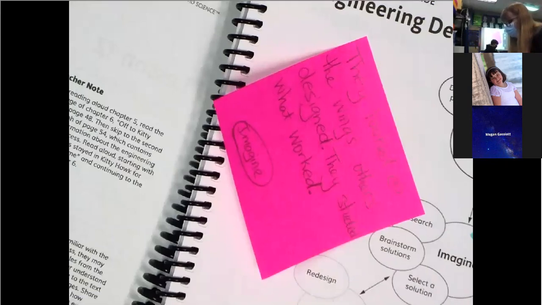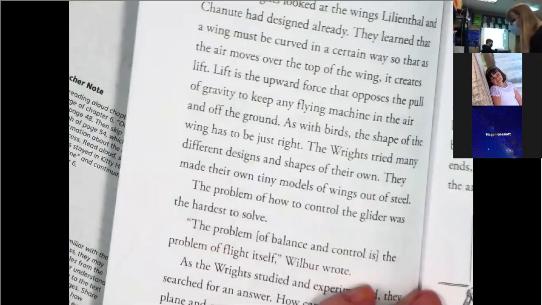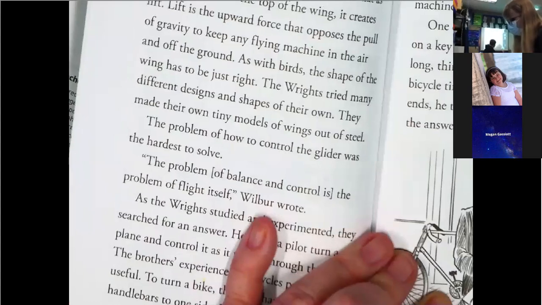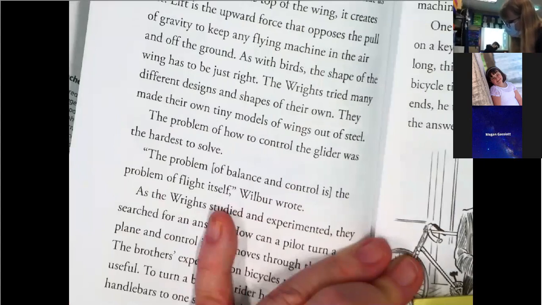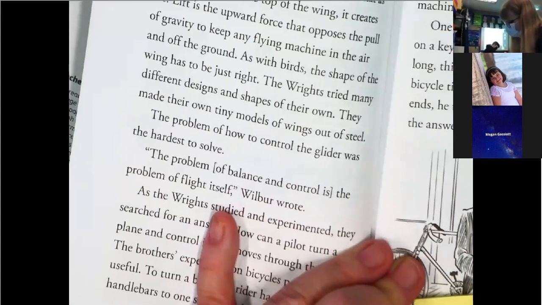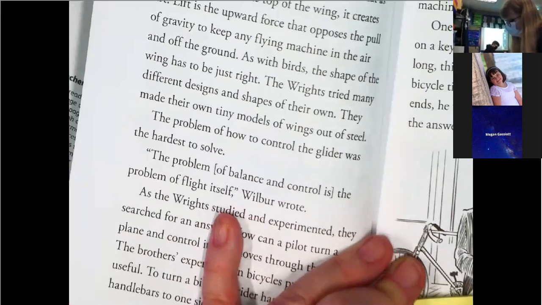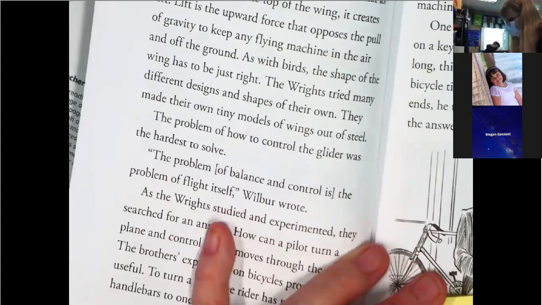Did they select a solution? What solution did they select? There you go. Twist the wings to turn, if that's what you want to write.